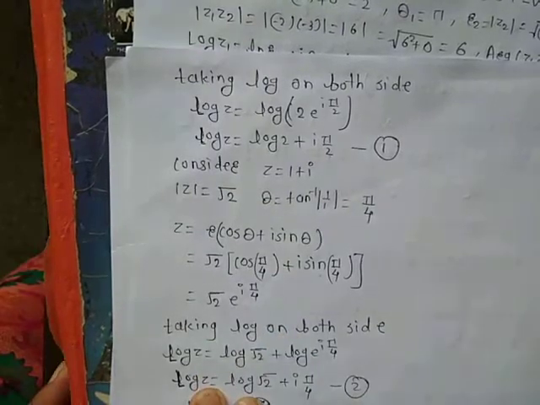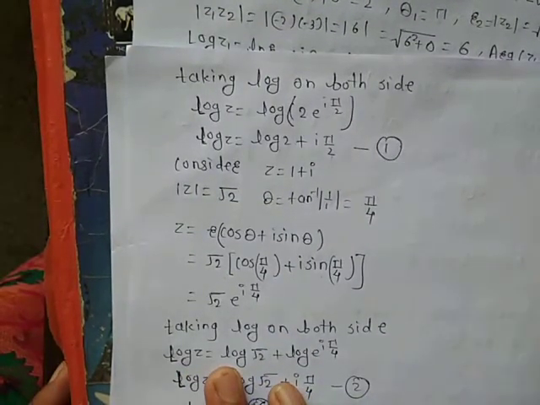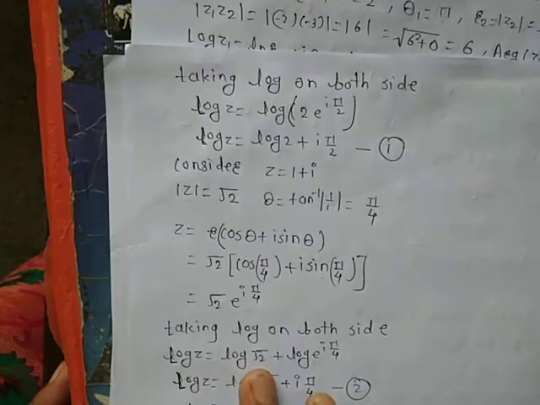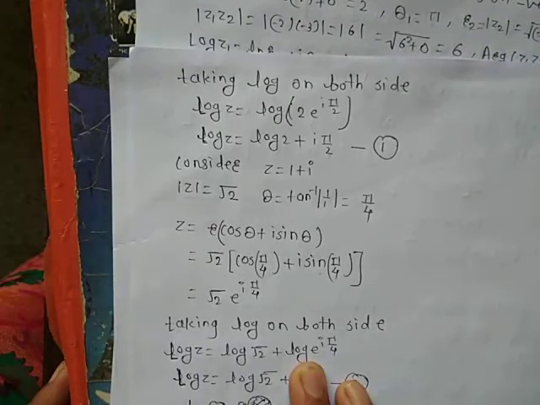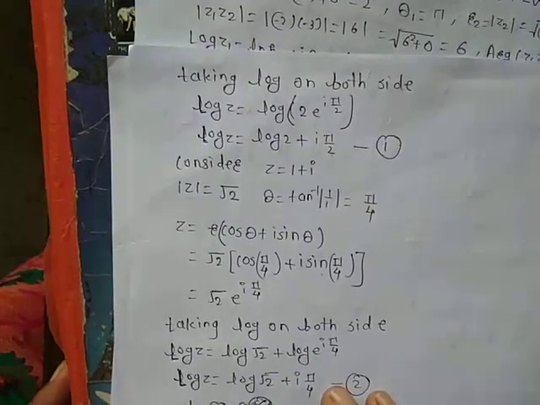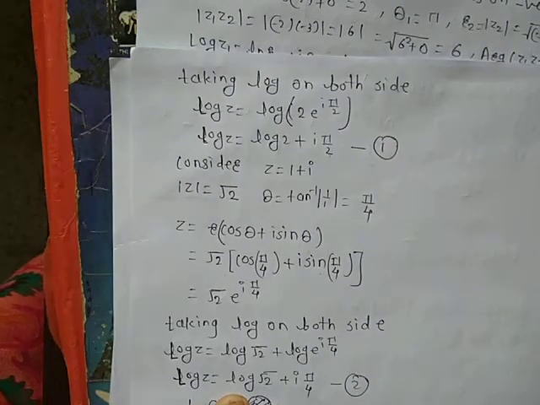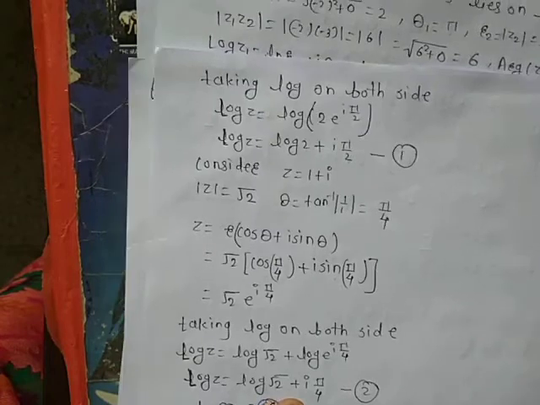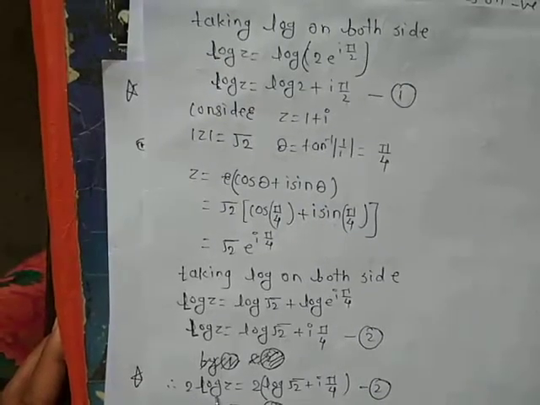Taking log on both sides, you will get log z, which is equal to log of under root of 2 plus log of e raised to i pi by 4. So log z is equal to log of under root 2 plus i pi by 4. Multiply both sides by 2.